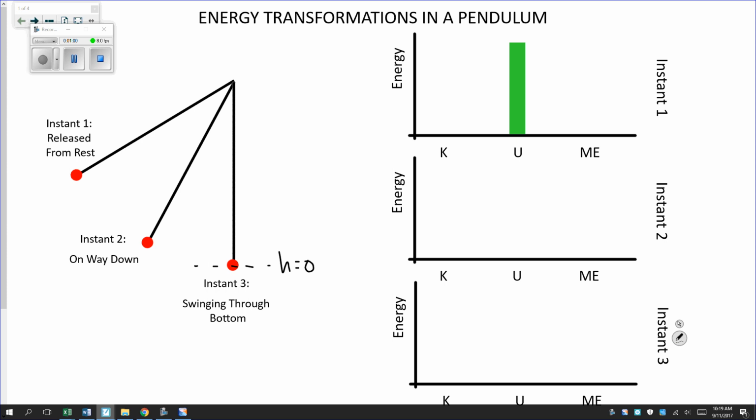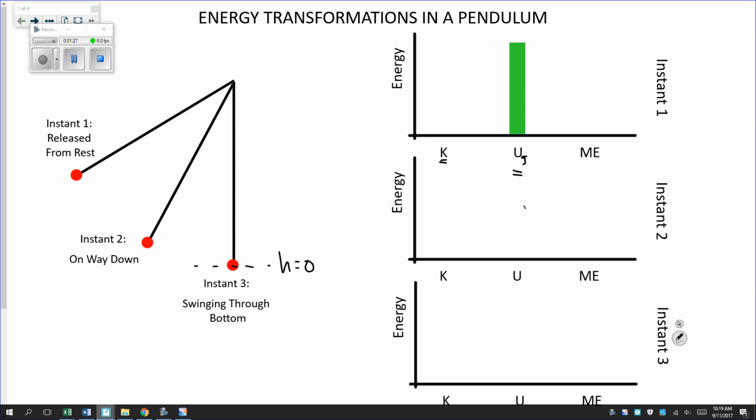You'll notice that what I've defined up here is an amount of gravitational potential energy that the Earth-pendulum system has at instant 1, the instant after this thing is released, or as it's just being released. The other thing we should talk about is our x-axis here. We know K is kinetic energy.